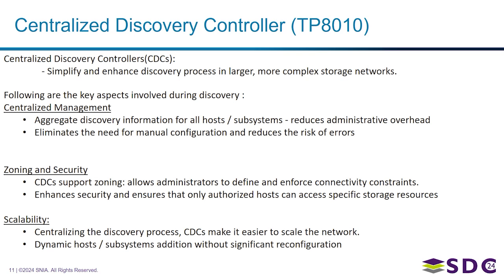So TP8010 is basically the centralized process of the discovery controller. It simplifies and enhances the discovery process in a much larger, complex environment. These are the key aspects when we do the discovery using the centralized process.